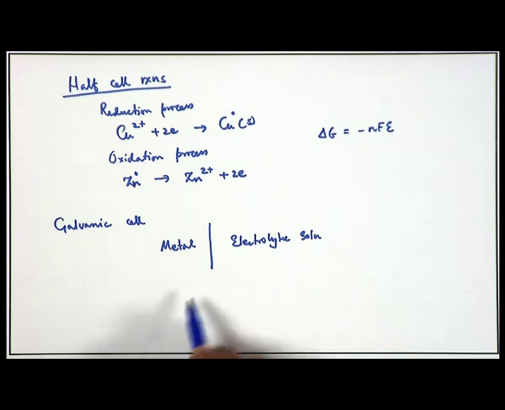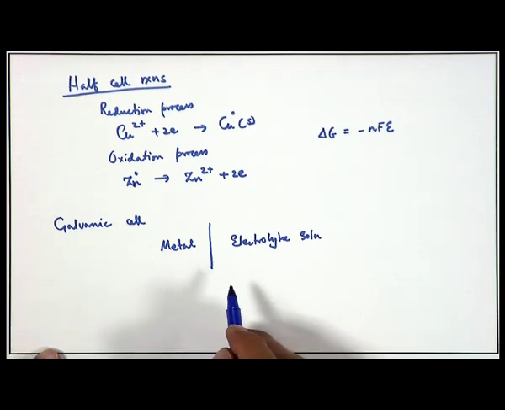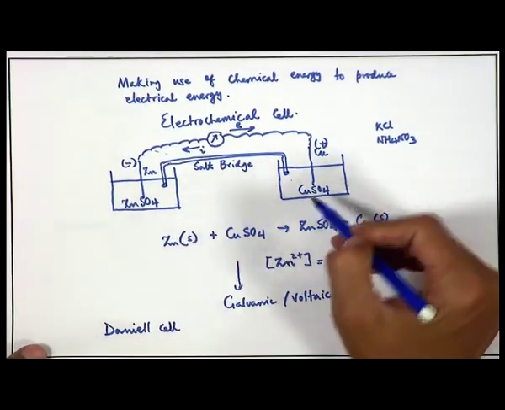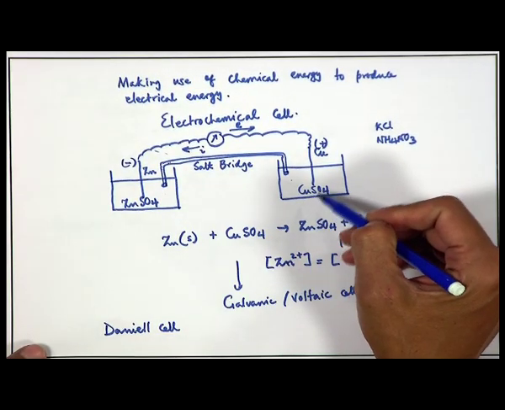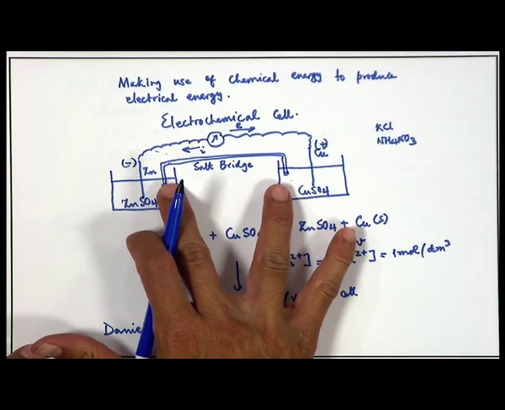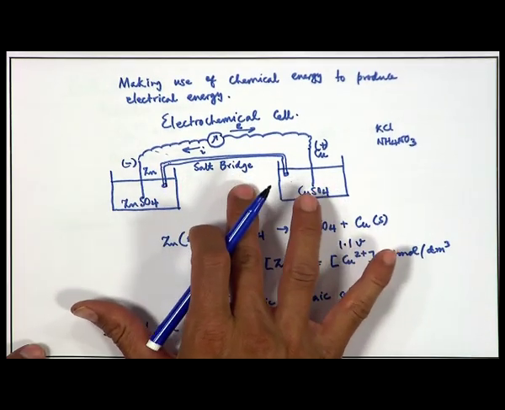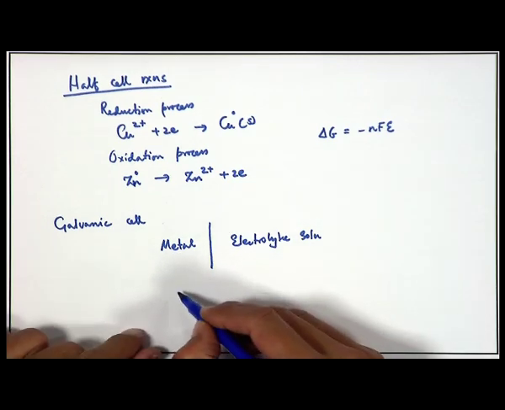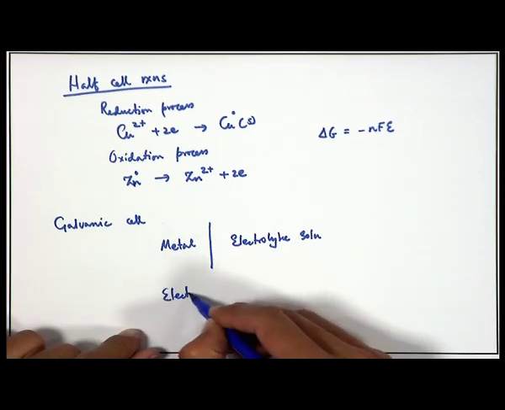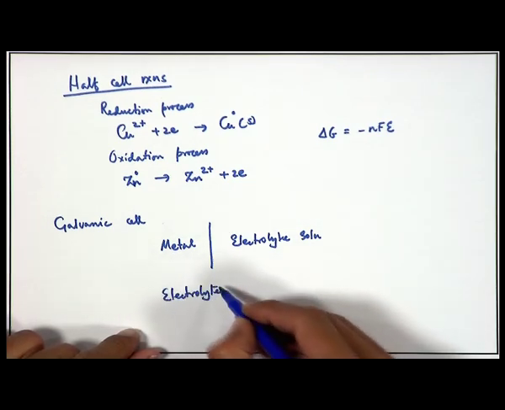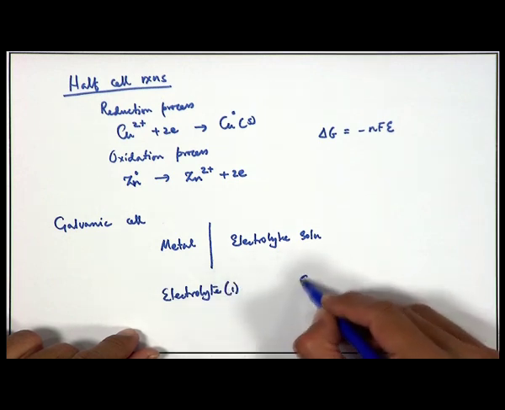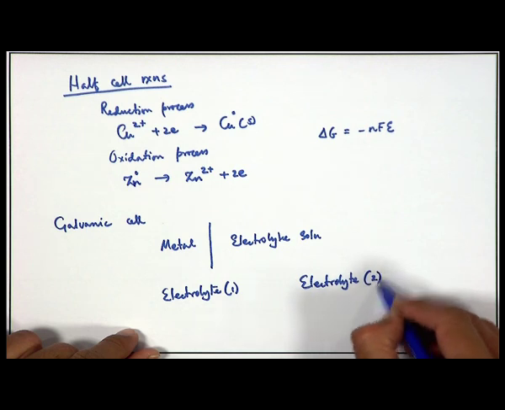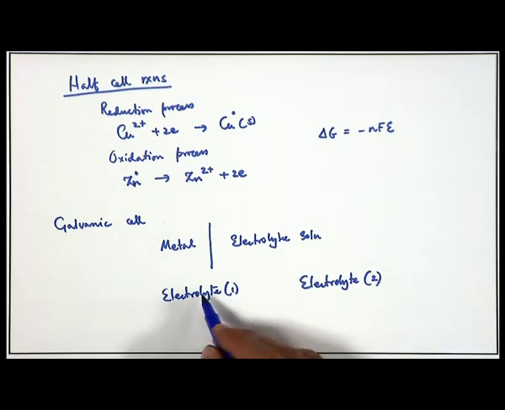Now, if there are two electrolytes, like here, one is zinc sulphate and another is copper sulphate, then these are connected with the help of a salt bridge. How to represent this arrangement? You write electrolyte 1, then electrolyte 2, and they are not physically mixed.